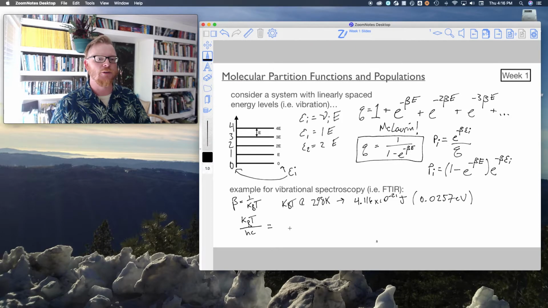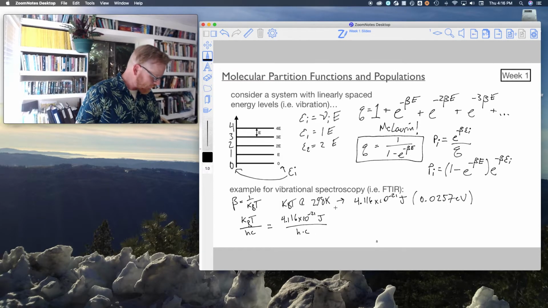Technically, it's going to be 1 over meters, and then I have to convert. All right. So then I can take this value right here, the 4.116 times 10 to the minus 21 joules, and just divide it by Planck's constant times speed of light. I'm just going to leave those as h and c.